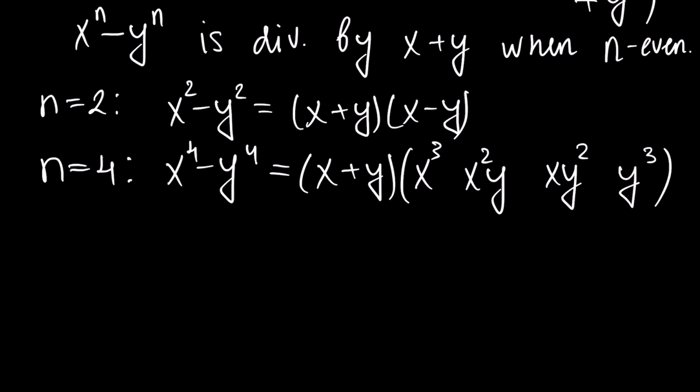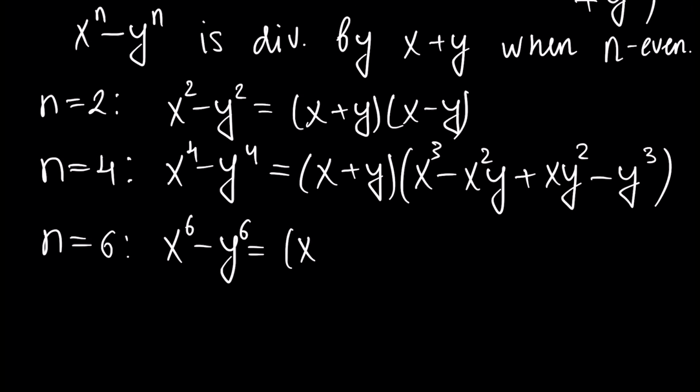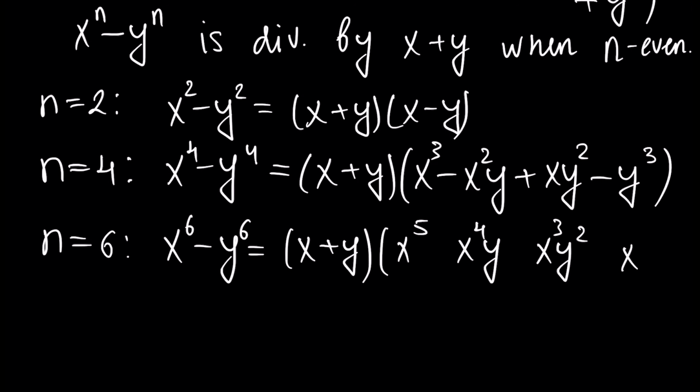And we write first minus, then plus, then minus. For the next even number n, which is 6, we write x to the power 6 minus y to the power 6 is equal to x plus y times x to the power 5, x to the power 4 y, x to the power 3 y squared, x to the power 2 y to the power 3, x y to the power 4, and y to the power 5.